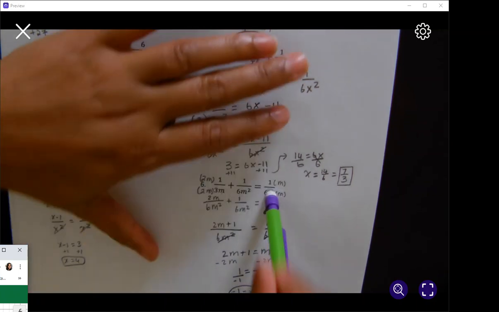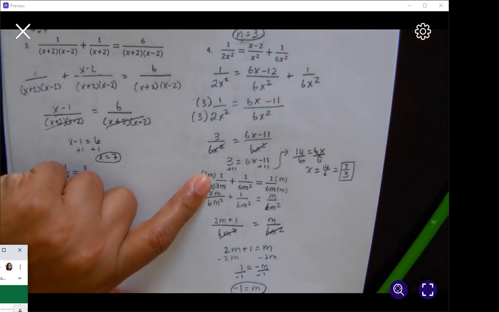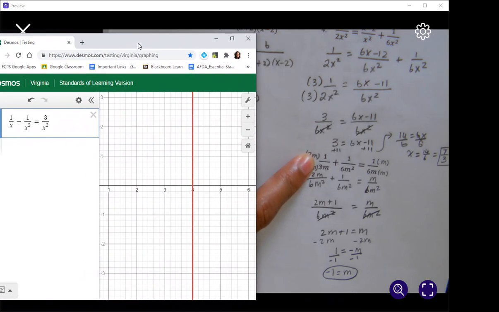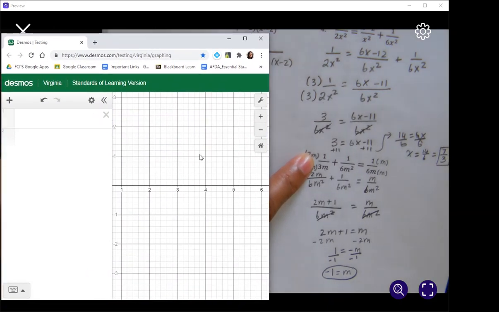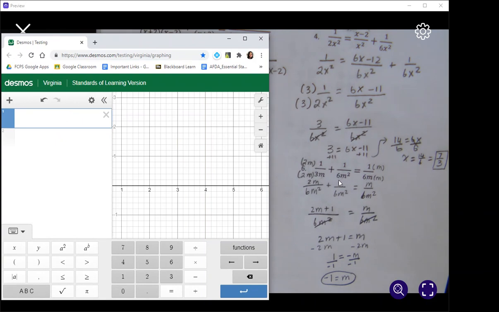Let me go ahead and plug in this here. Now, if you want to check your answer for this one right here, you want to just do it by graphing. Whenever in Desmos you want to graph this, you need to use an x. So I'm going to change this into an x so I can graph it this time.